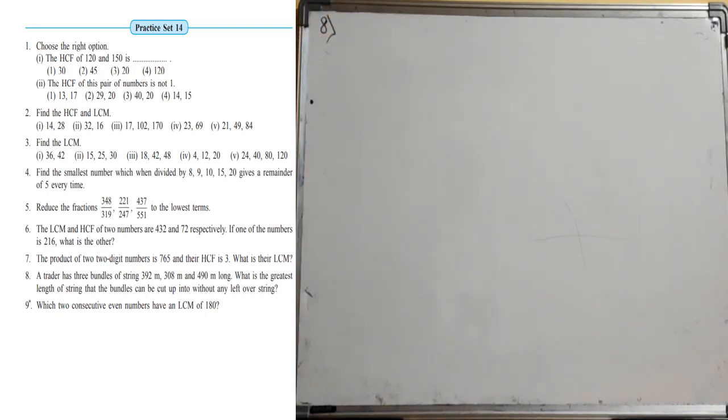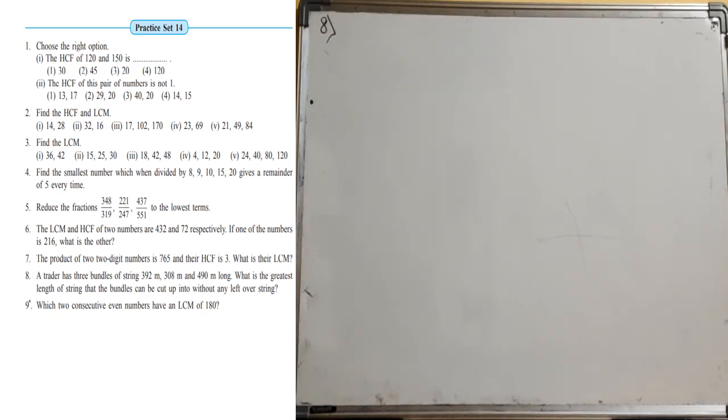Let us move on to question number 8. In question number 8, we have: a trader has 3 bundles of strings of length 392 meters, 308 meters and 490 meters long.